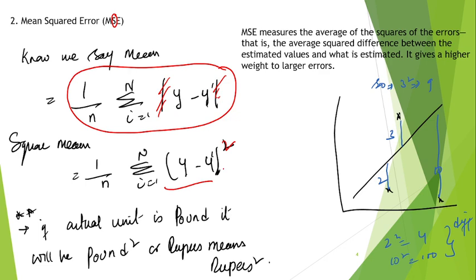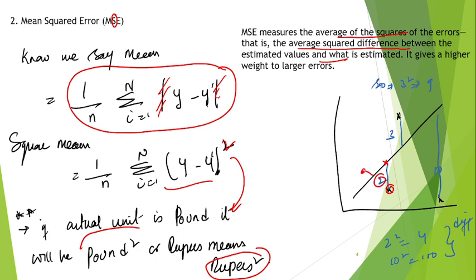Whereas here, if I put square, the actual pound will become pound square, the actual rupee becomes rupee square. That is a major disadvantage here. Units will be changed. MSE measures the average square of error, that is the average square difference between the estimated value and the actual value. For an example, let's take an example. This is my predicted value. This is my actual value.